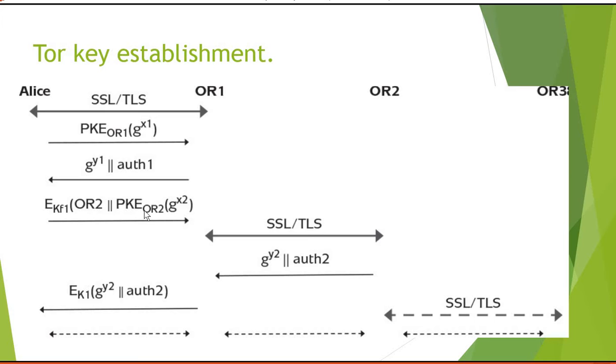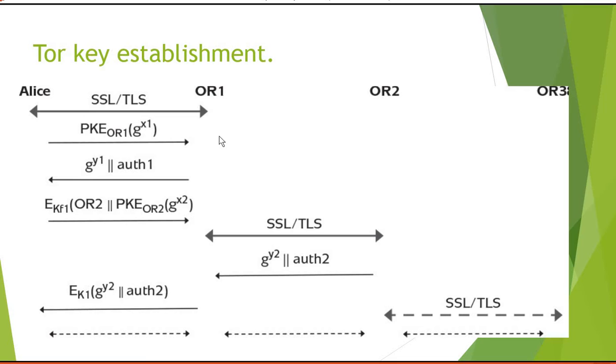Here the key for onion router 2 is known to Alice and onion router 2, it will not be known to onion router 1. Now g^x2 will be concatenated, and using the key known to Alice and onion router 1 it will be encrypted and transferred.